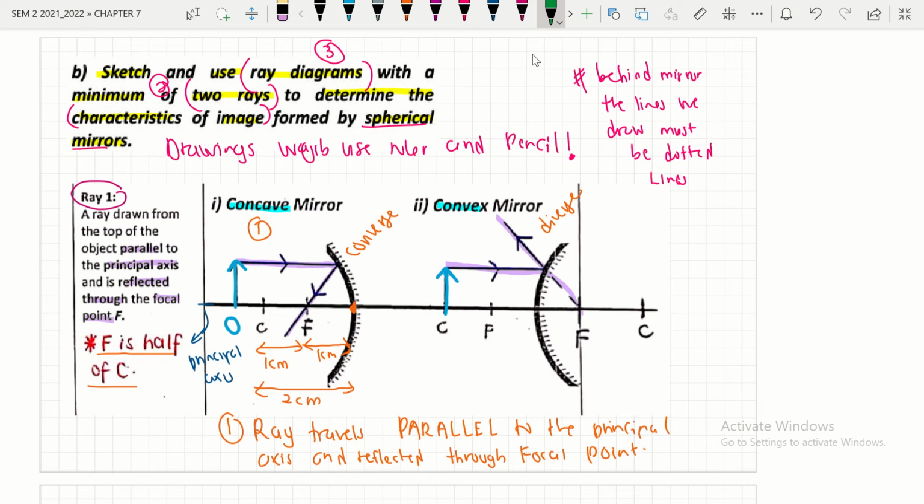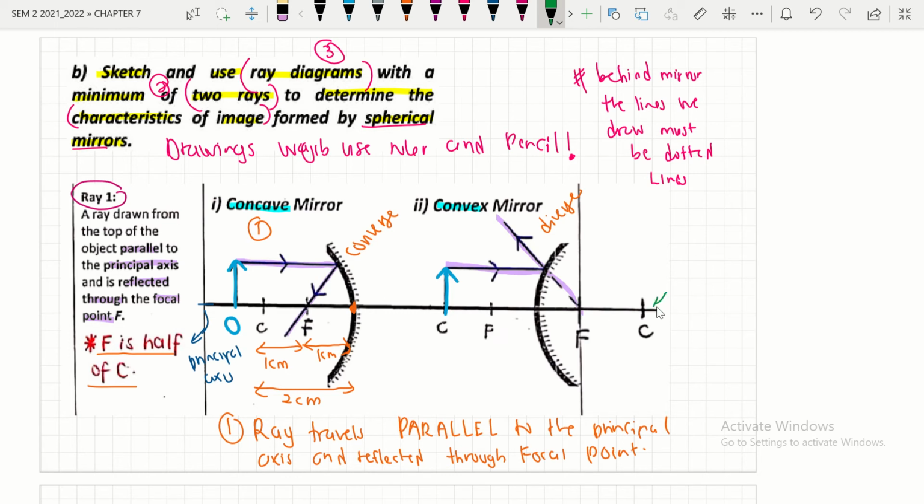Okay, so before I sketch the ray diagram, I will recap these three rays first. The first ray that I taught all of you is, the ray will travel parallel to the principal axis and reflected through the focal point. So that is the first ray. Same goes to the convex mirror. Ray travels parallel to the principal axis.